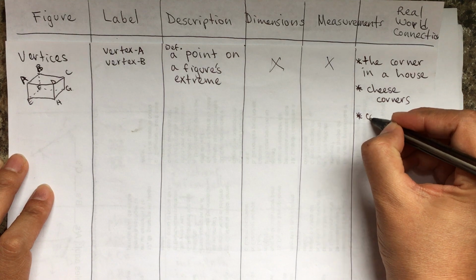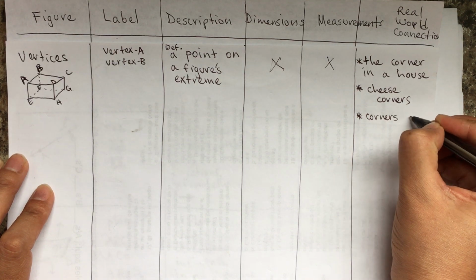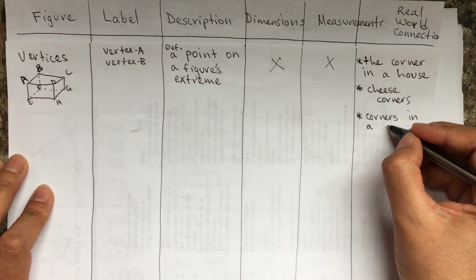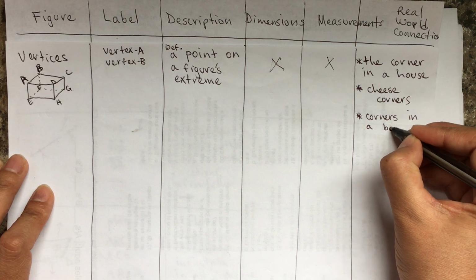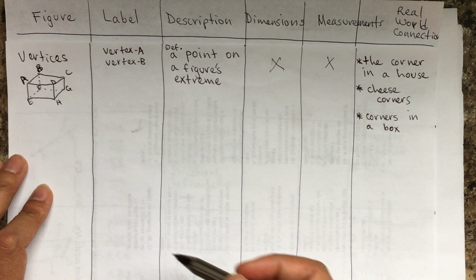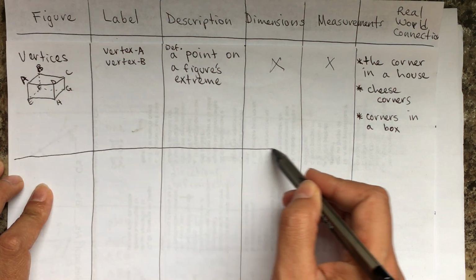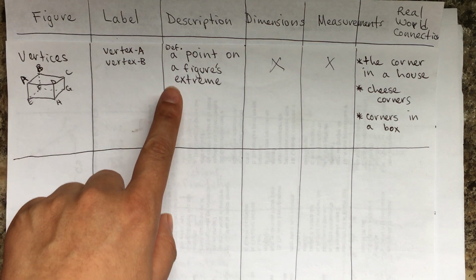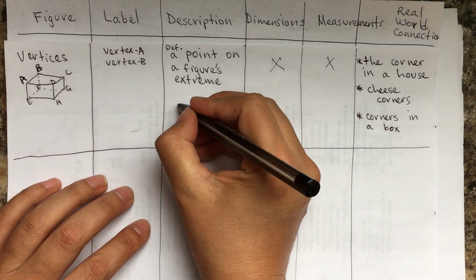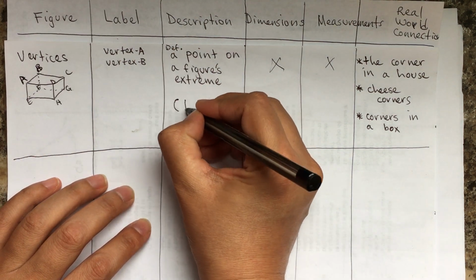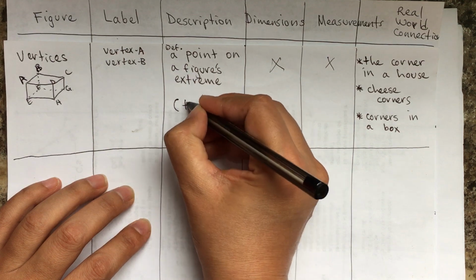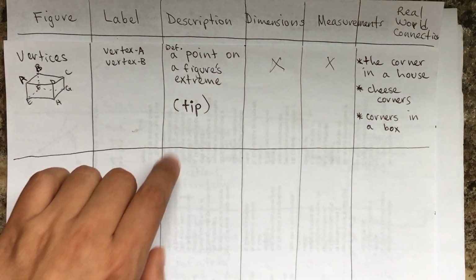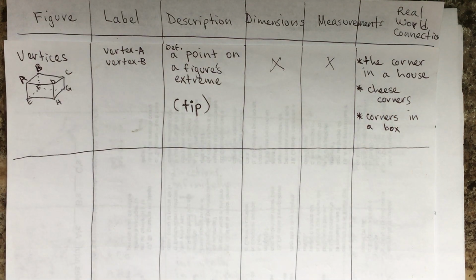So corners in a box. For the description, we can also put, so that we can remember, the tip. Not the tip like what you give to the waitress or the waiter.